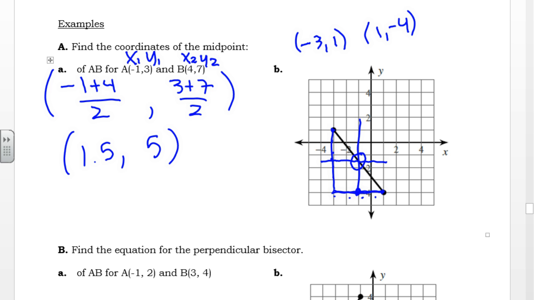So my midpoint is going to be right here. That is -1, -1.5. So I'm finding the exact center of that line. If we wanted to use the formula, we would get the same answer. If we add -3 plus 1 divided by 2, that's -1, and 1 plus -4 divided by 2, that's -1.5.